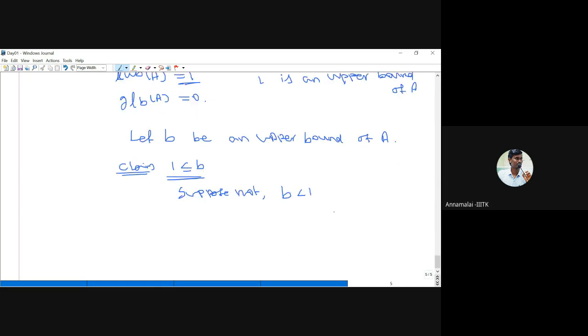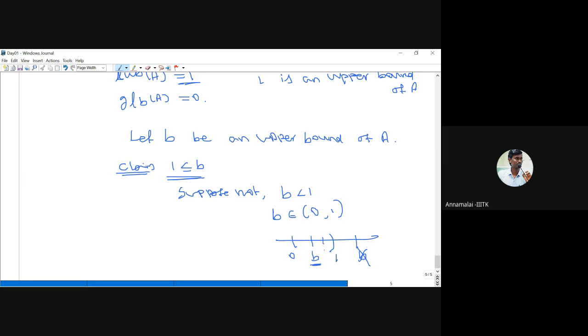So since b is less than 1, b lies in the interval, the set actually. b lies in the interval 0 to 1. Now we can take the midpoint of 1 and b. So suppose b is here, in the open interval (0, 1). We can find the midpoint here.